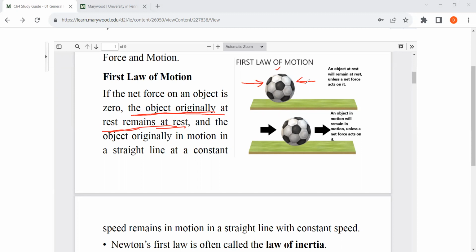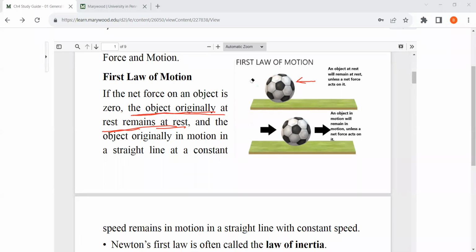Let's say we have a textbook on the table, that is at rest. If no one applies any force on the textbook, it will be on the table forever. So that's basically the first part.